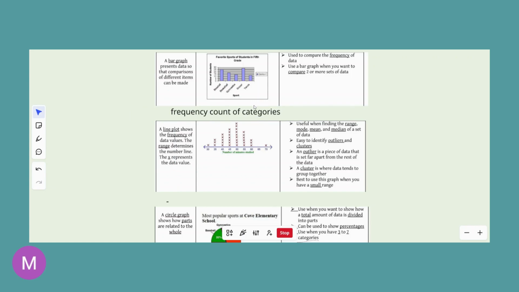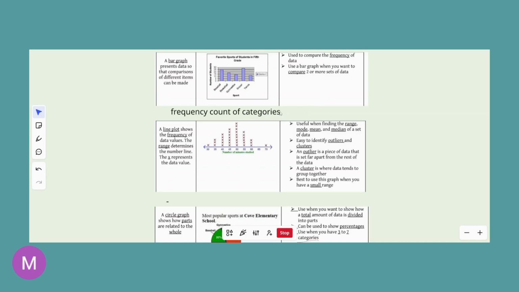So this is used when you're comparing two or more different categories, and you want to see who has the highest bar here for the best number of votes or things like that, depending on what you're surveying. So this again is used for frequency counts of categories, and the visual is helpful to see when something has the most or the least number in each category.